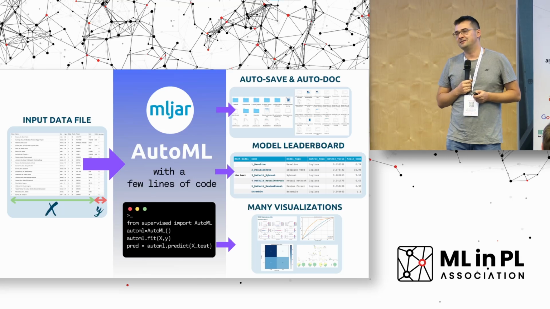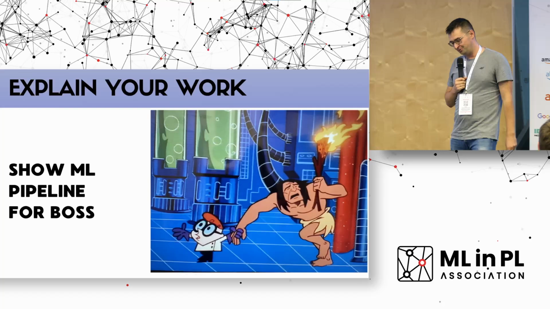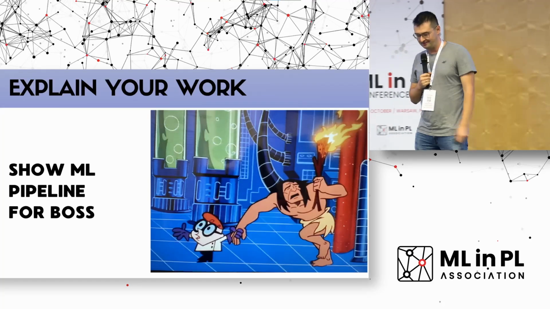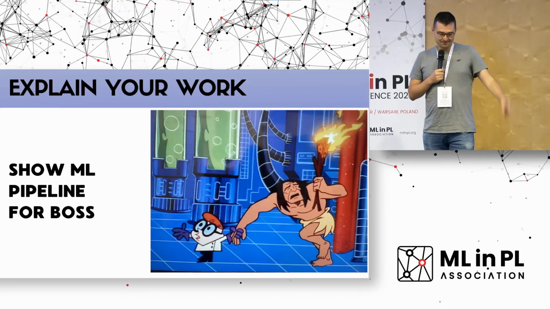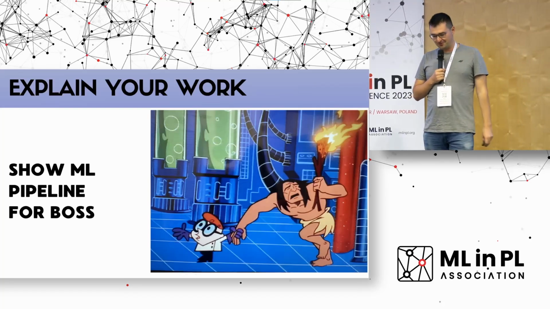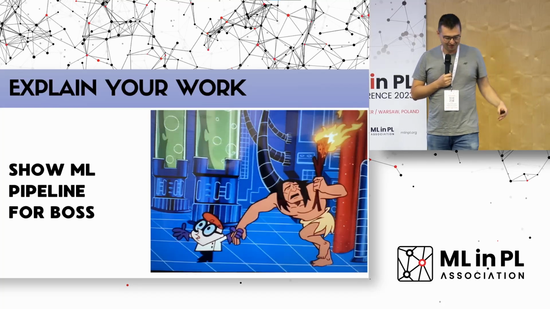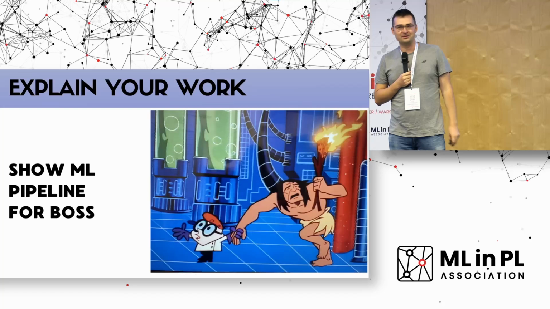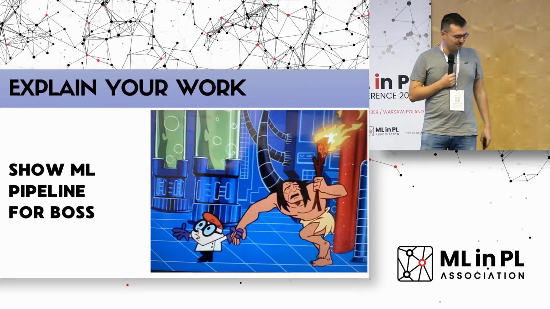Okay, so you have the machine learning pipeline, and then you need to show your pipeline to your boss. Have you ever felt that you need to explain what you have done, and you're using random forest or RMSE or logloss, some magic words, and they are just watching you and don't understand? Show me the numbers.